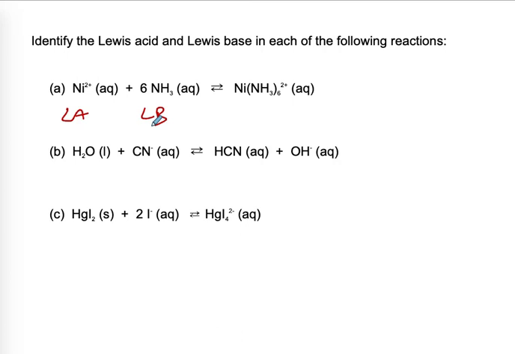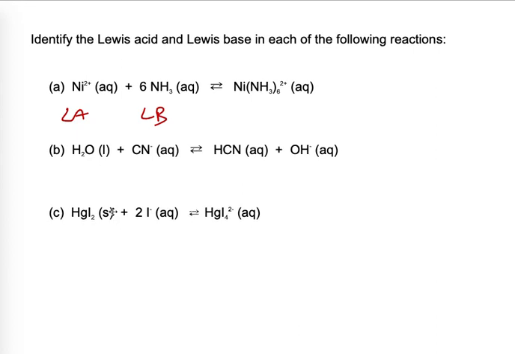In the second example, water reacts with a cyanide anion to form hydrocyanic acid and hydroxide. Let me draw a little structure here that might make this clear. So water looks like this. The cyanide anion looks like this.